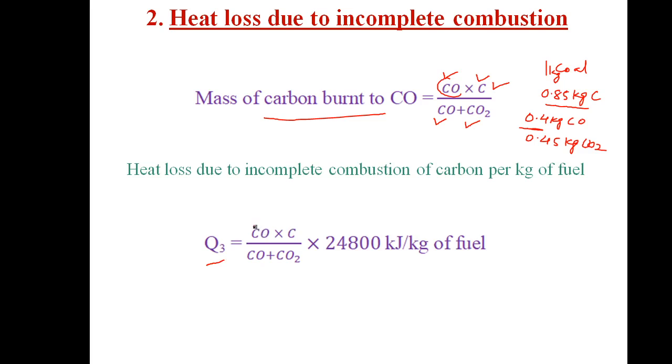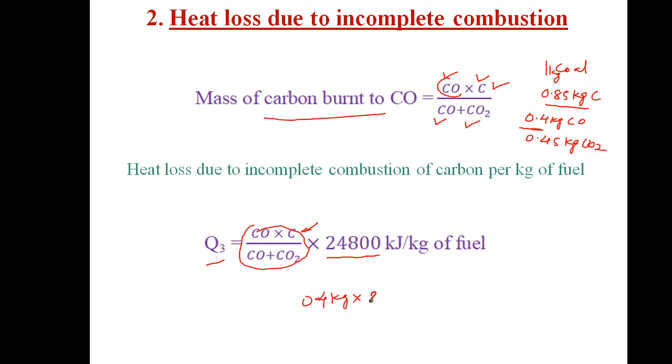So this is the mass which has burned incompletely. For 1 kg of mass burning incompletely, we lose 24,800 kilojoules of energy. So how much heat energy is lost due to incomplete combustion? We just saw 0.4 kg has burned into carbon monoxide.